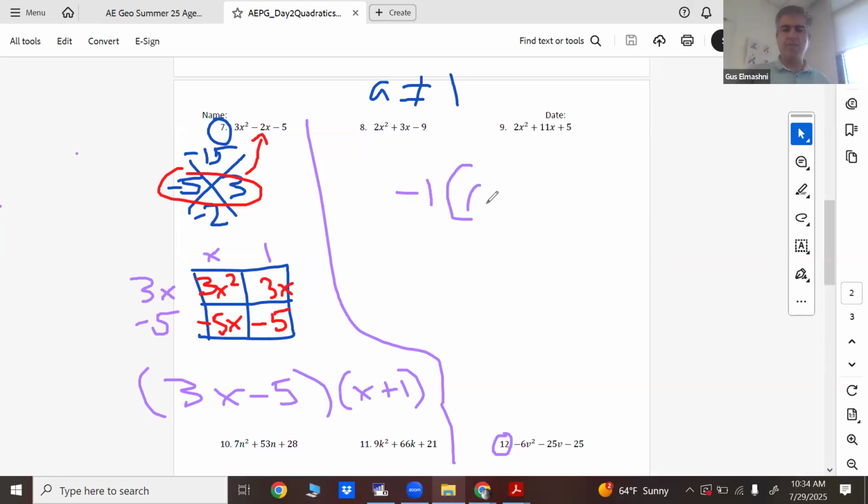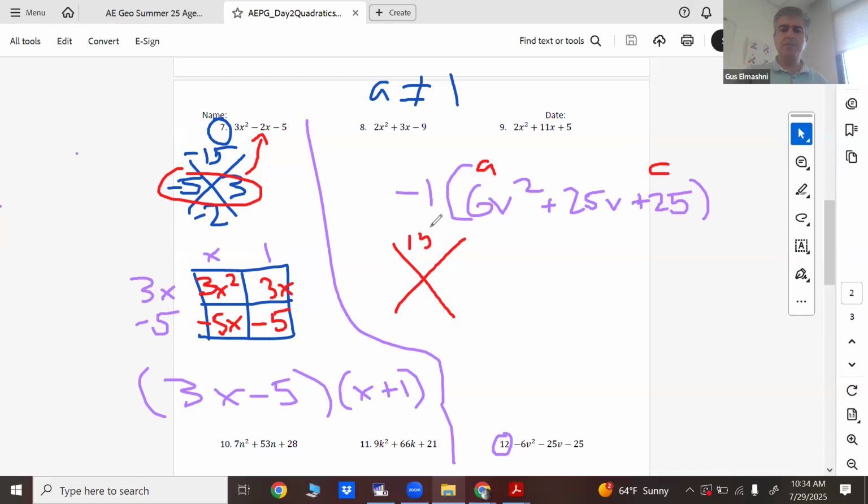I'll have 6v squared minus 25v, sorry, plus 25v, because I have to pull out the negative, duh. Plus 25. A times C. 150 and 25.